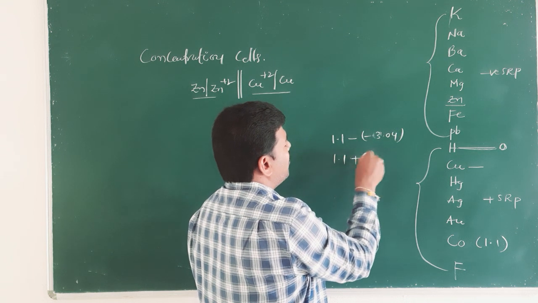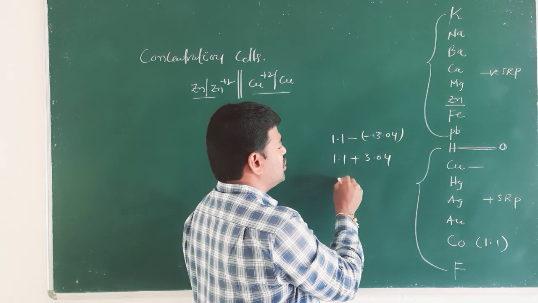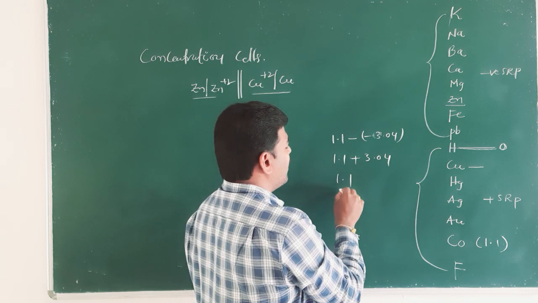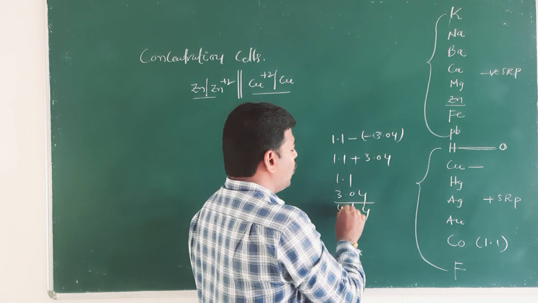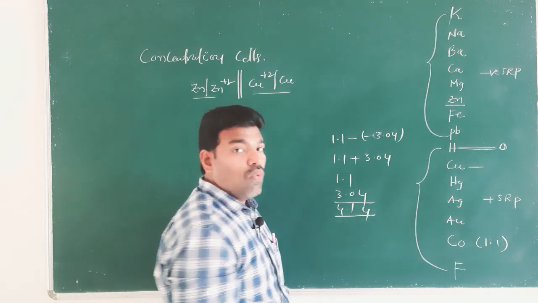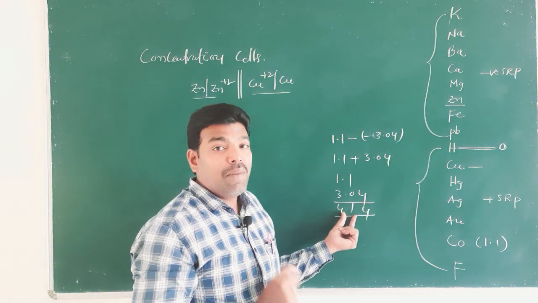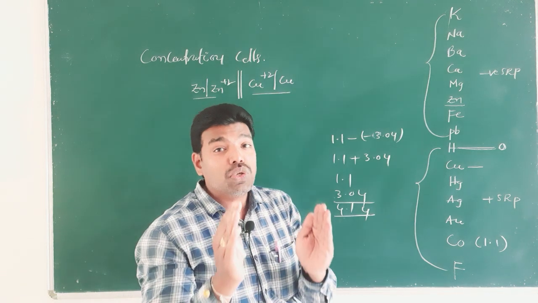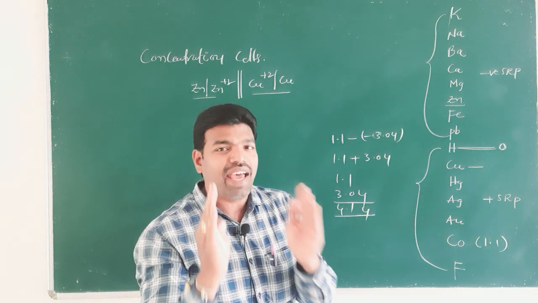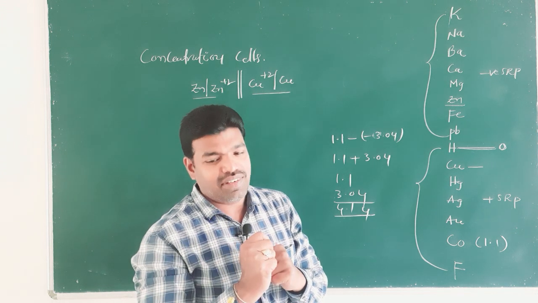Therefore, 1.1 plus 3.04, that is 4.14. So, we can construct a cell with the highest EMF by taking the combination of two electrodes whose potential difference is high, right?